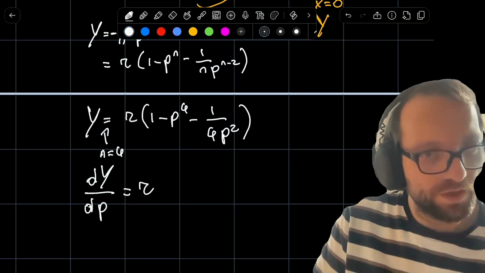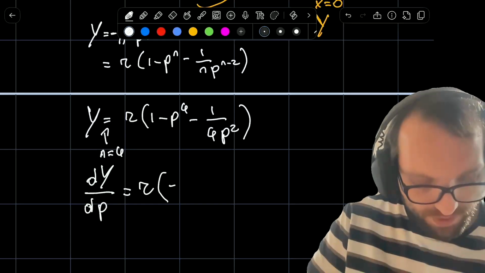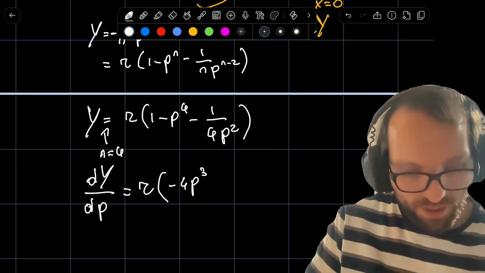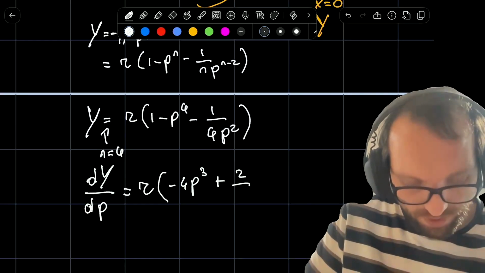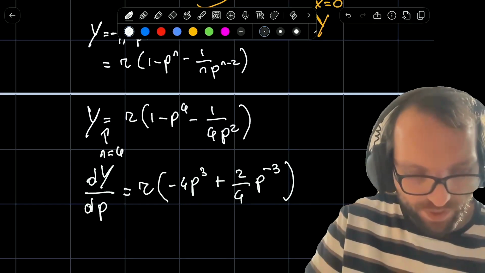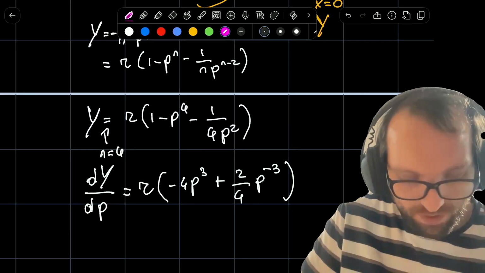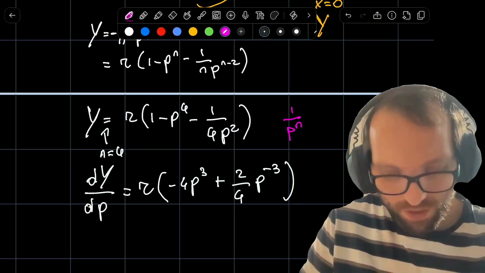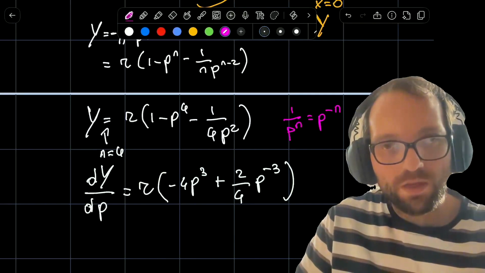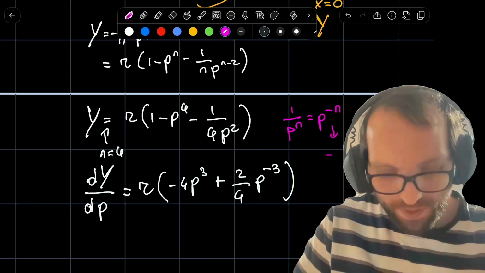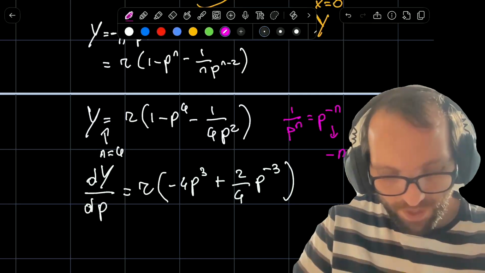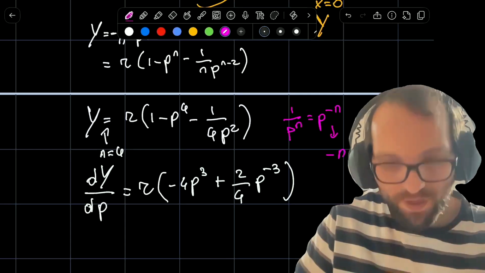Okay, here the derivative of 1 is 0. Here is minus 4p to the 3, and here is this other term here. So here, whenever I have something like this, I prefer to write like this, because the derivative simply becomes minus s to p of minus n minus 1.